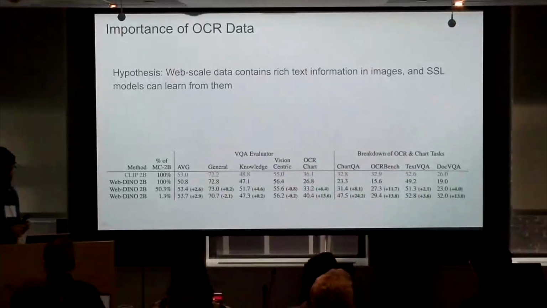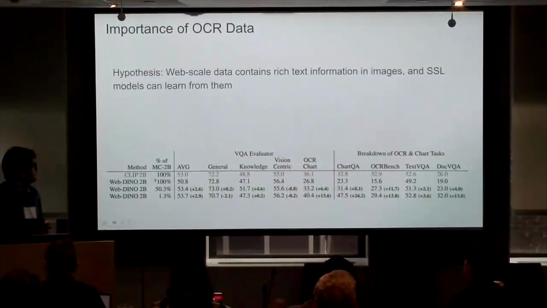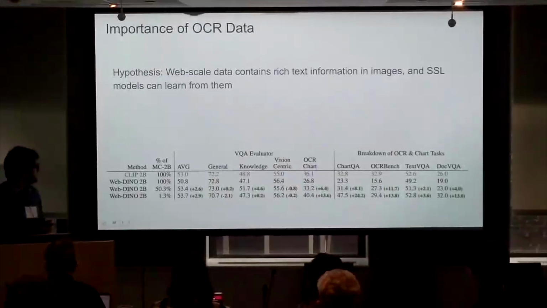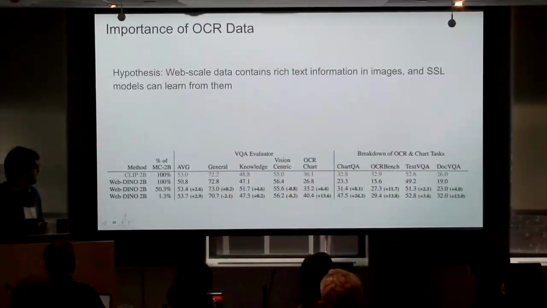Then we look at the impact on performance in the different VQA tasks when you train on those different subsets. Here's the CLIP model. Here's Web-DINO, which is DINOv2 trained on MetaClip data. On the full data set, this is a DINO model trained on the light filter version, which is half of the MetaClip size, and this is 1% of MetaClip size.